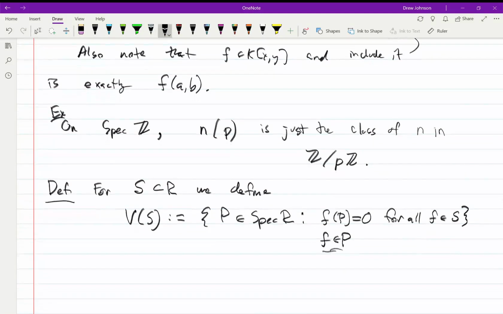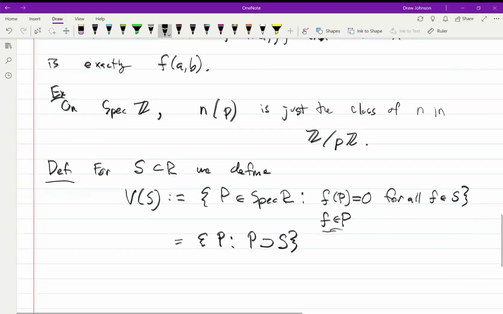So if you use this instead, the vanishing set of S is really just the set of all prime ideals such that the set S is contained in P.